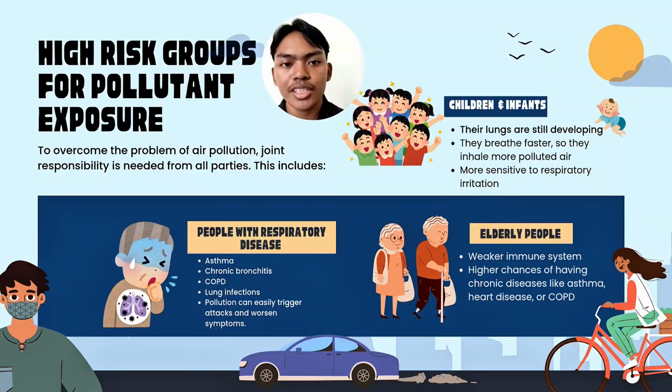Why children and infants? This is because their lungs are still developing, and they also breathe very fast. So they inhale more polluted air, and the more pollutant they inhale, the more sensitive their respiratory system. This causes them to have respiratory irritation.